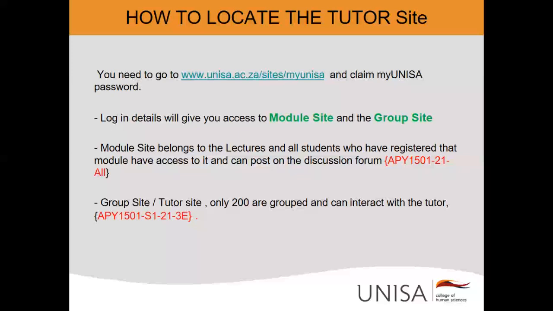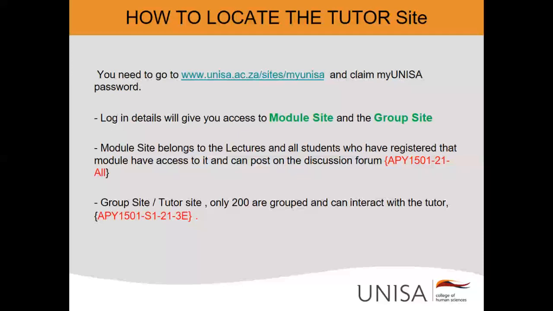There are some modules that still reflect the S1 and the S2, so it is still fine. You can participate in both sites depending on which semester you have registered on. But if you see all, then it's still fine. When you click on those module sites, you will see that it has the same tools and the same information as the S1 and the S2.